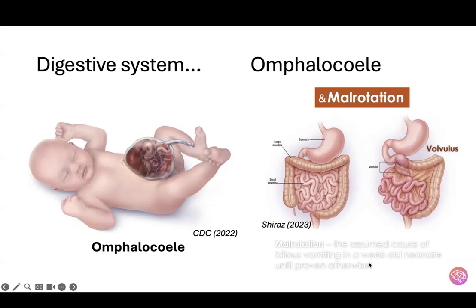And one of the biggest risks with omphaloceles, if delayed, is malrotation of the gut, and that results in a very poor infant who will be vomiting and just look very ill.